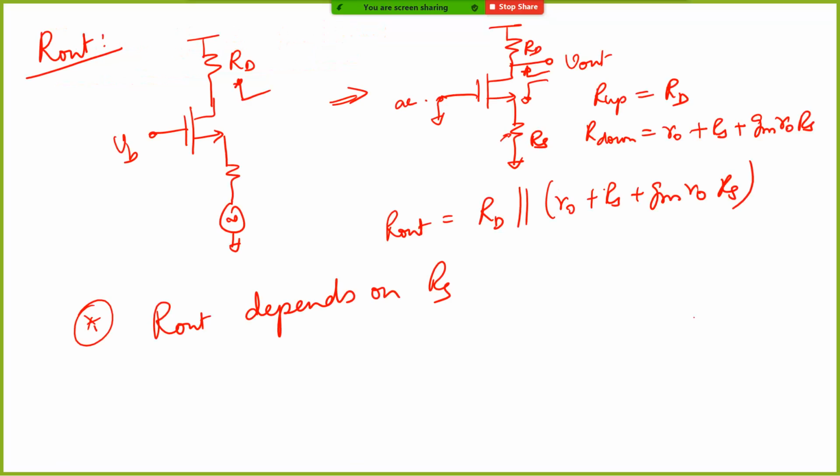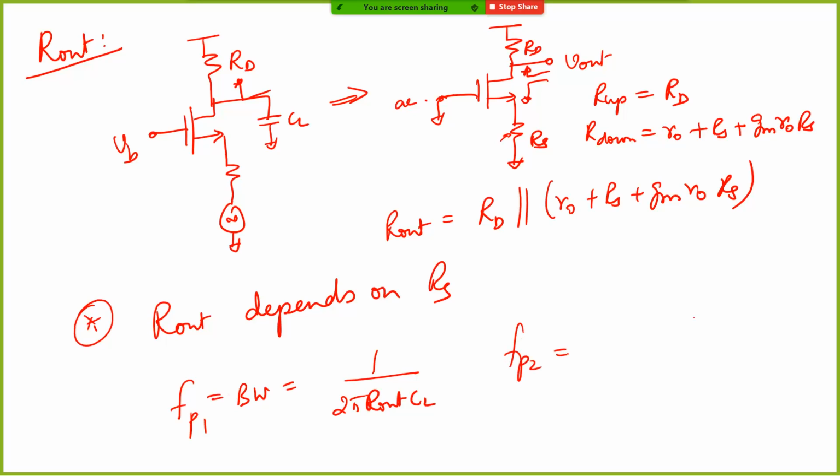Now let's move on to the common drain amplifier. We can again talk about the noise performance and the bandwidth. When you talk about bandwidth, you have 1 by R out into CL. If you have some load capacitance here, the bandwidth becomes 1 by 2 pi R out CL. This might be mostly the dominant pole, so let's say this is pole 1.